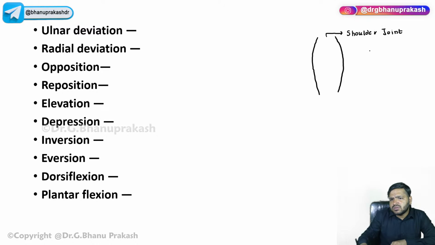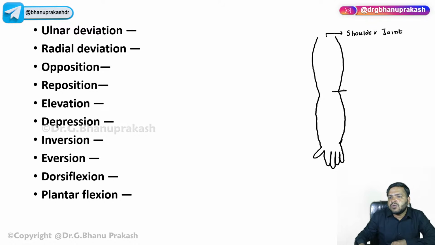I will talk about the bones also, but as of now, just try to clear this. So you already know we have the shoulder joint, the elbow joint, and the wrist joint over here.